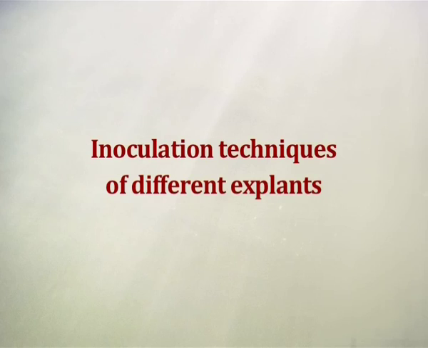Let us now see the inoculation techniques of different explants. Inoculation is the transfer of plant materials used as explant to tissue culture medium. Inoculation of explants is carried out under aseptic or sterile condition as follows.